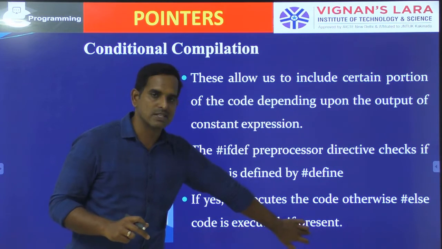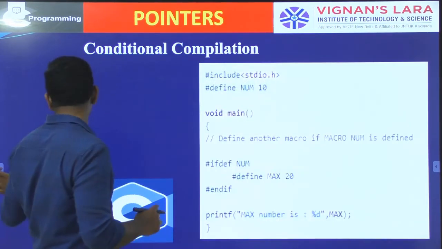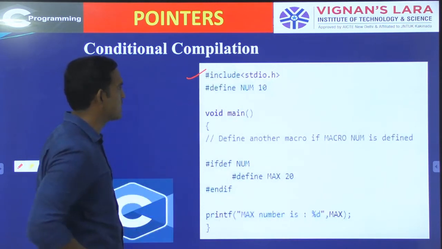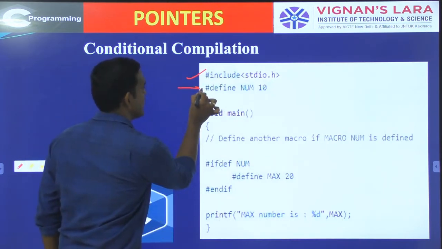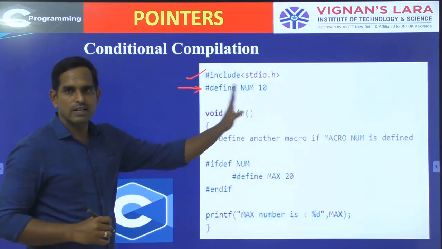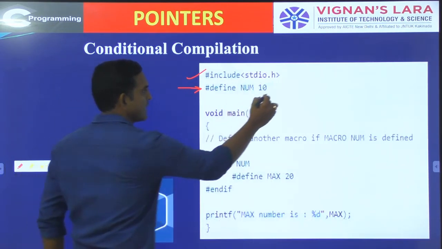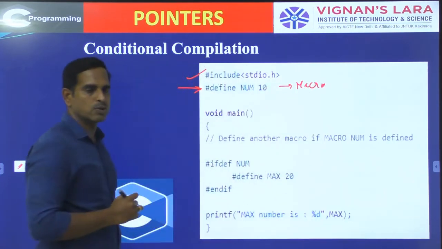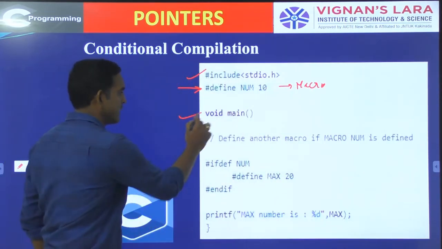Okay, here is a code where you write #include <stdio.h>, then you define #define NUM 10. That is, I am defining one macro and initializing its value to 10. Then I write the main.